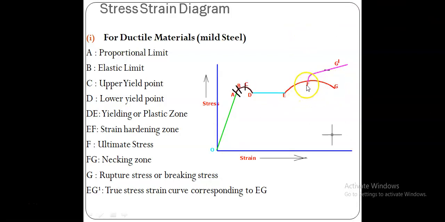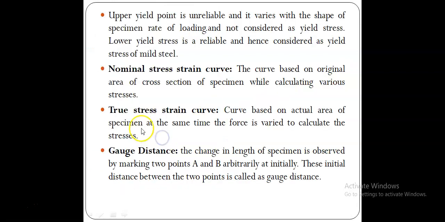But we are still using the same initial dia of the bar for calculation of the area to plot this stress, and therefore the curve plotted for all the range of stresses by taking the initial or original area of the bar is called the nominal stress strain curve.